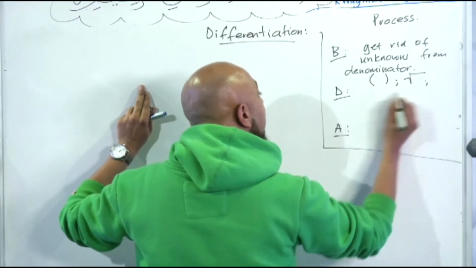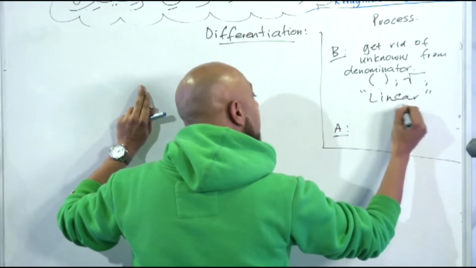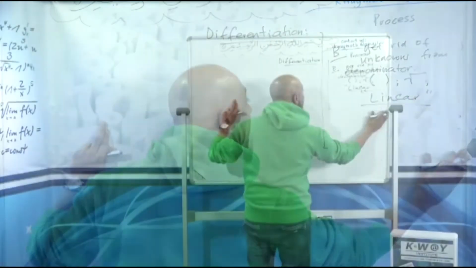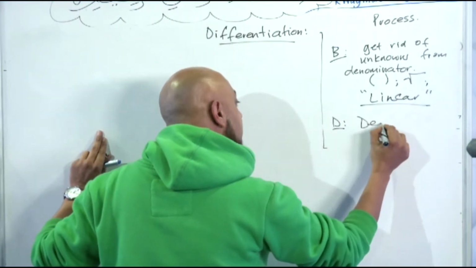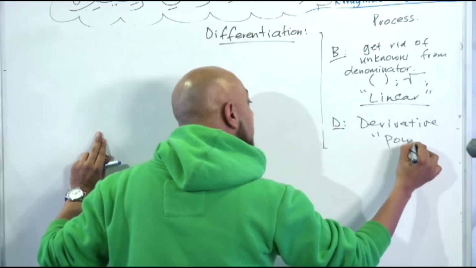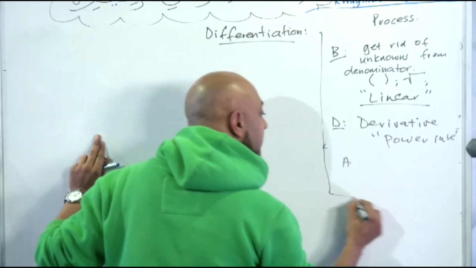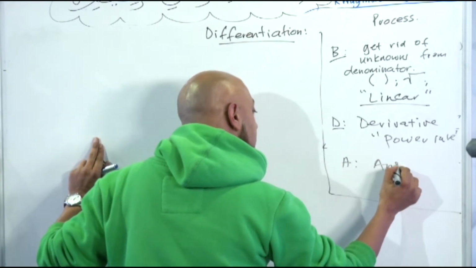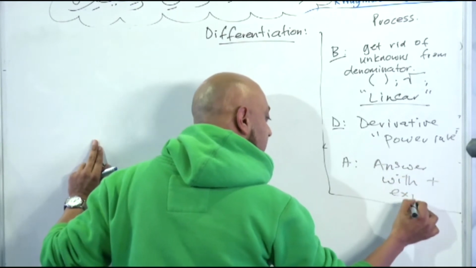We need to get it linear. What does linear mean? Straight line. We need to get it in a straight line. D, the next, derivative. And that we know, how do we find the derivative? Using what? Using the power rule. And after differentiation, we write our answer with positive exponents.